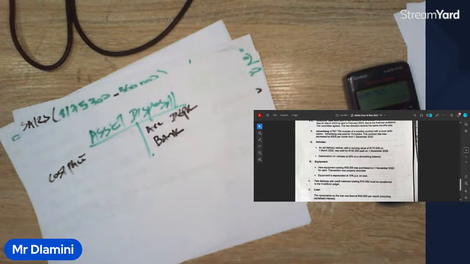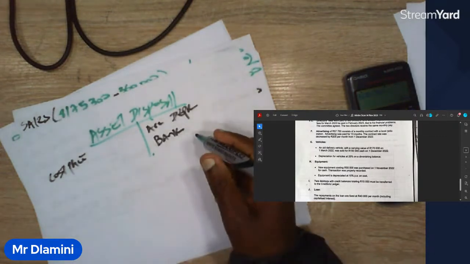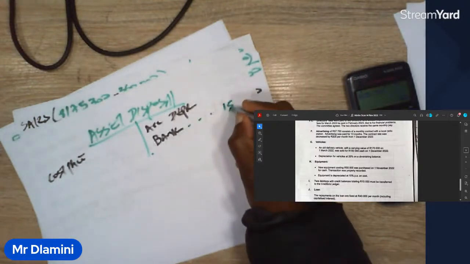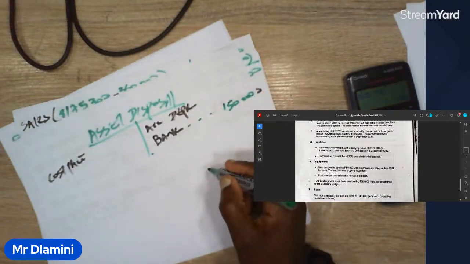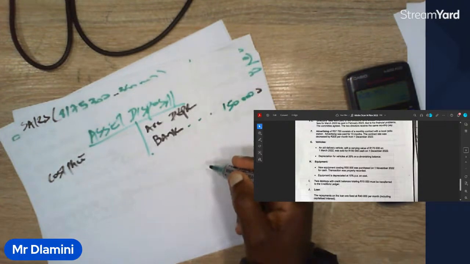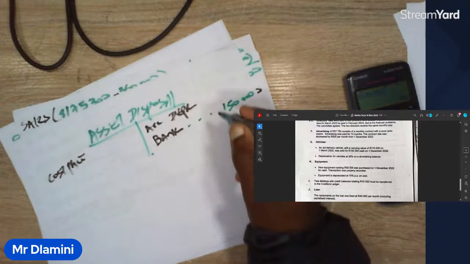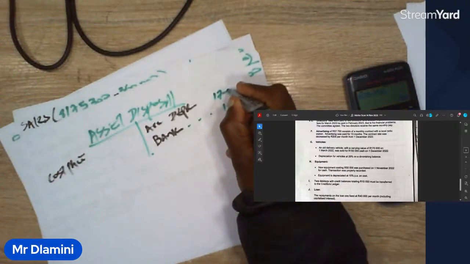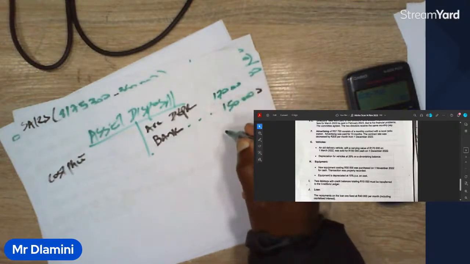You are already told on G that you are selling this on cash. This is 150. Then you check what was the cost price. The current book value was 170.